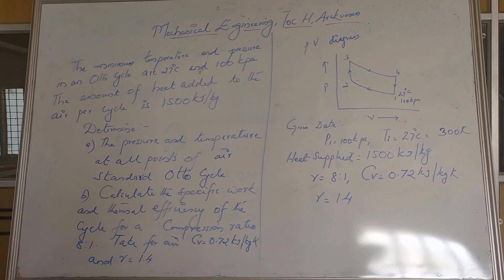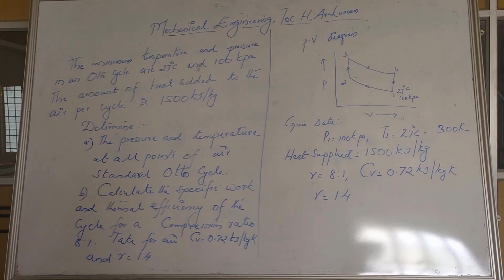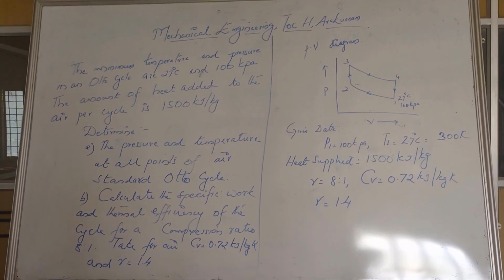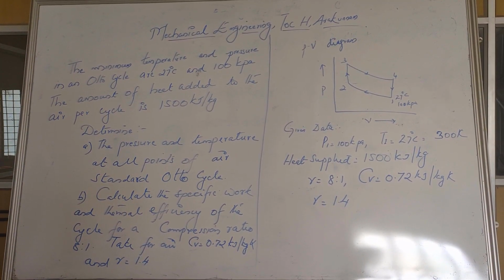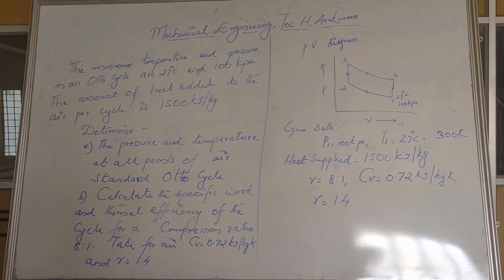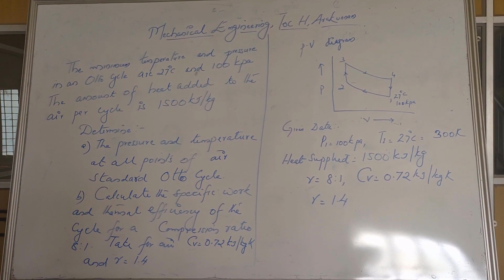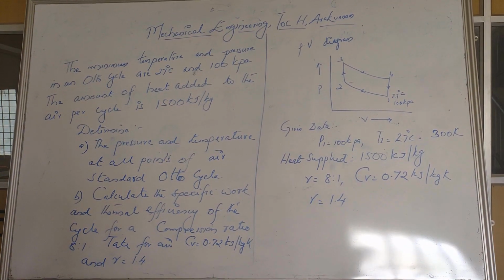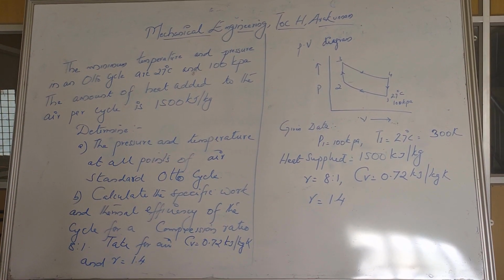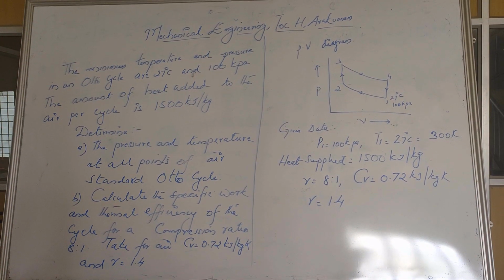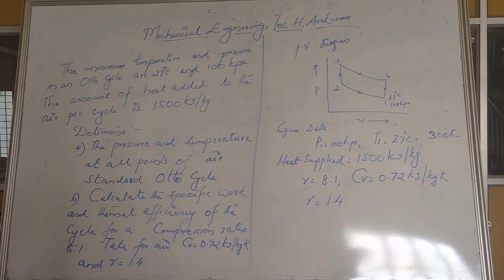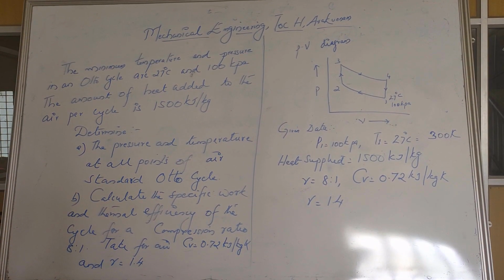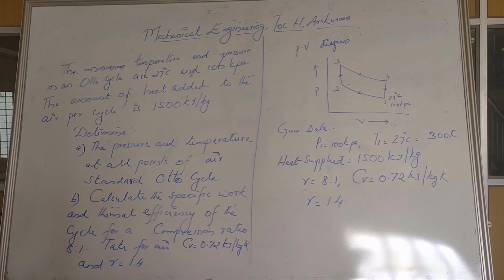The compression ratio is 8:1, and as you are aware, compression ratio is V1 by V2, or total volume by the clearance volume, or Vs plus Vc by Vc. So that value is given as 8:1. Then, this being a constant volume process, Cv is given as 0.72 kilojoules per kilogram Kelvin, and gamma, that is Cp by Cv, is 1.4.